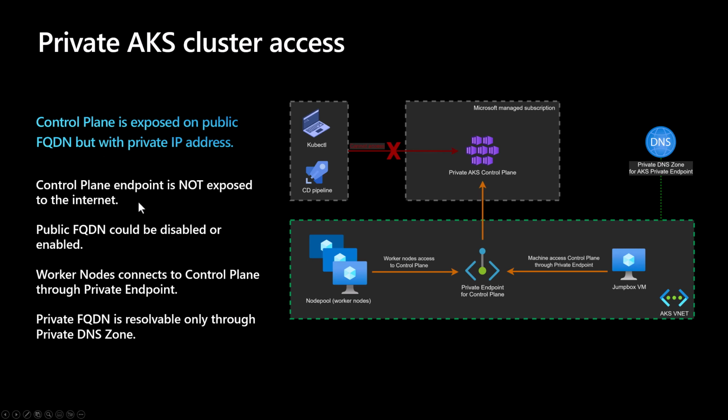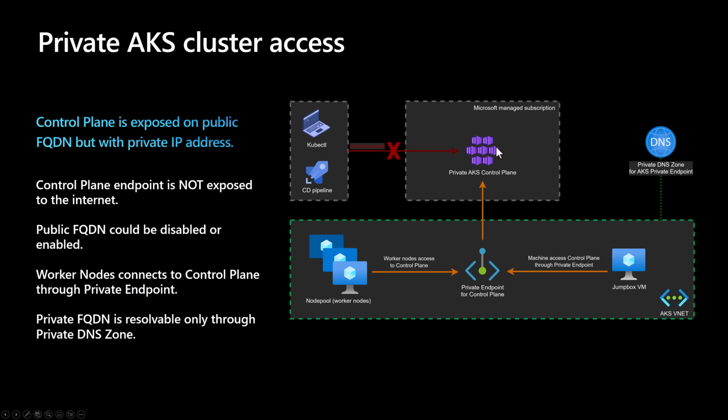So the control plane endpoint is not exposed to the internet itself. It's just the public FQDN that is exposed to the internet, and even that public FQDN could be disabled or enabled. The worker nodes then will connect to the control plane through the private endpoint.